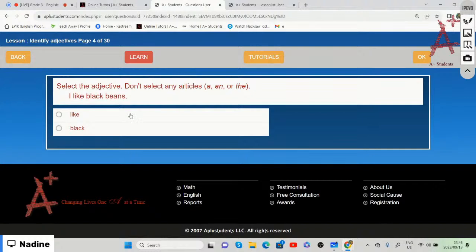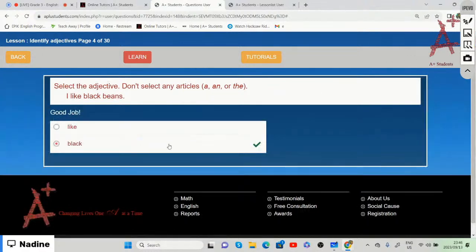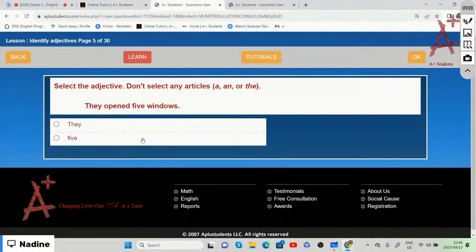And remember, we do not select the articles such as a, an, or the. I like black beans. If we select the adjective, we can say black. And black will tell us what kind of beans you like. I like black beans. It tells us what kind, the black beans.